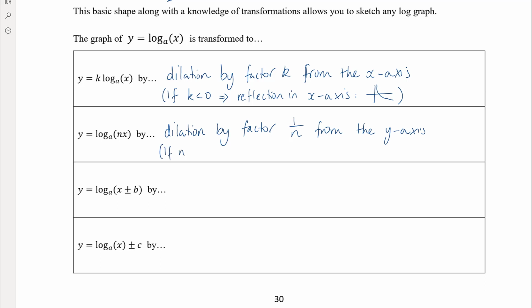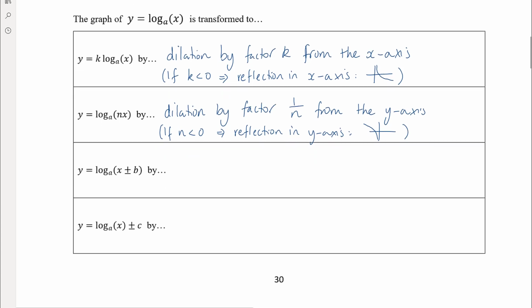And if n is negative, so if n is less than 0, we're going to get reflection in the y-axis. And so our graph shape will go this way. Obviously, we could also have both reflections. If we had both reflections, our graph shape is going to go down this way.